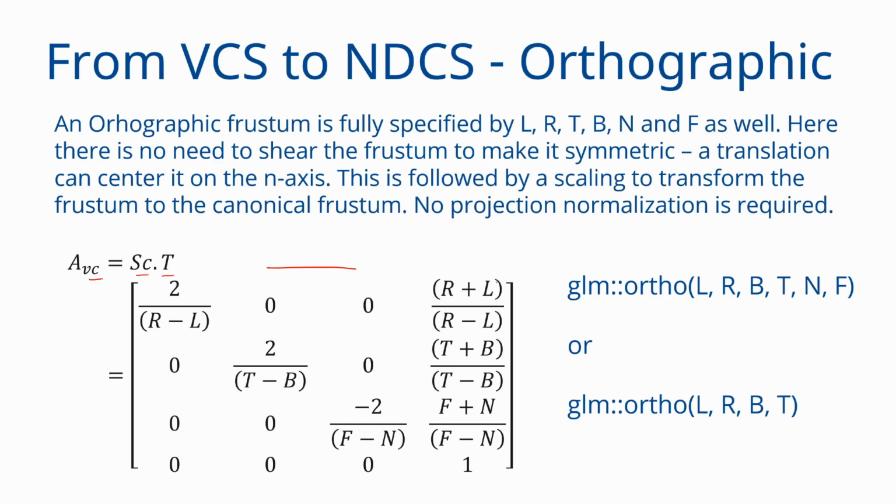And this transformation is produced by these two GLM commands, GLM ortho, right? If you look at our modeling transform demo that is given in the CG demo GitHub repository, then you will see that it has an option to toggle between an orthographic frustum or an orthographic camera and a perspective camera.